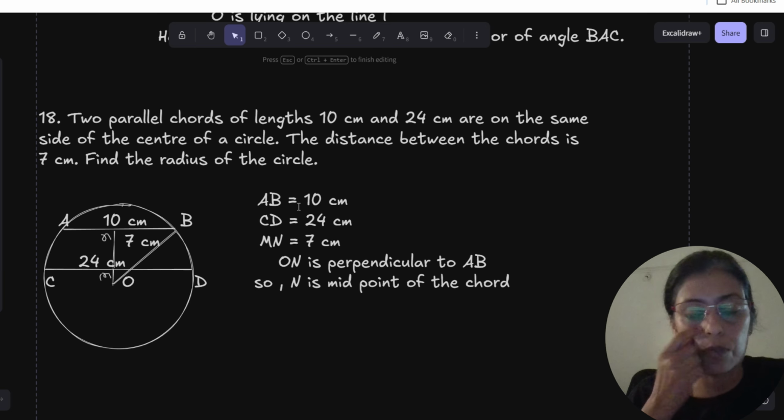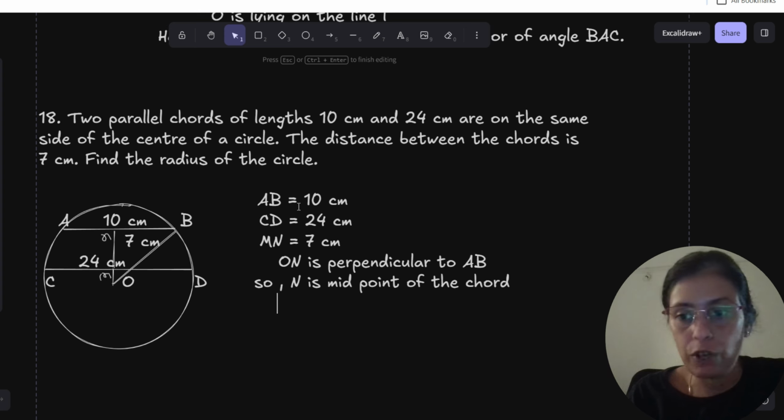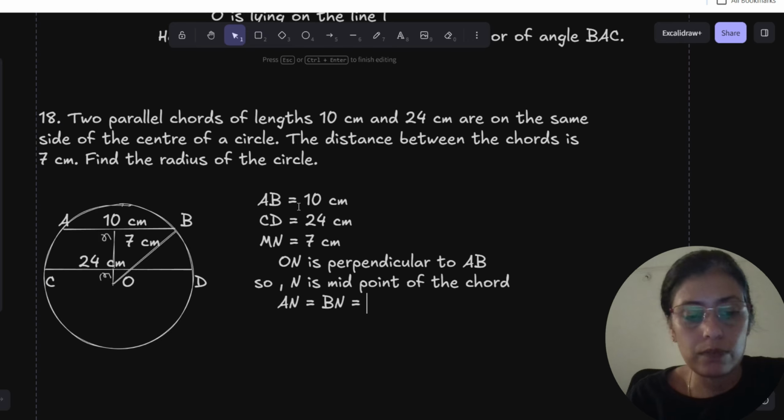A theorem specifies it, so it should be theorem 4 or theorem 5, one of the two theorems. Then we can say that AN is equal to BN, which is half of AB, so 10 by 2, or 5 centimeter.